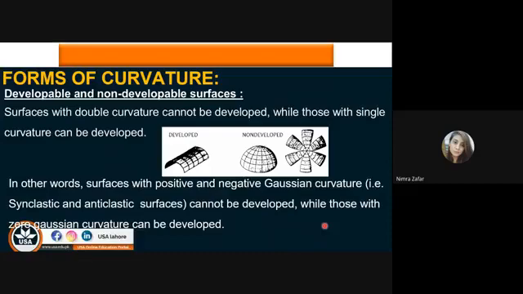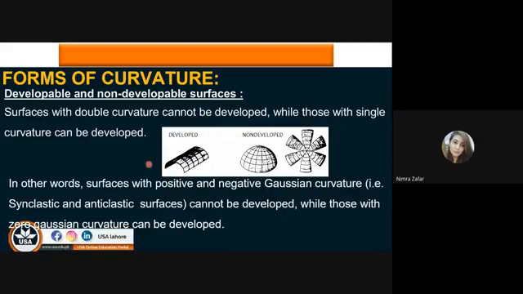Now let's see what the developable and non-developable surfaces are. Surfaces with double curvature cannot be developed, while those with single curvature can be developed. It is the name given to them.